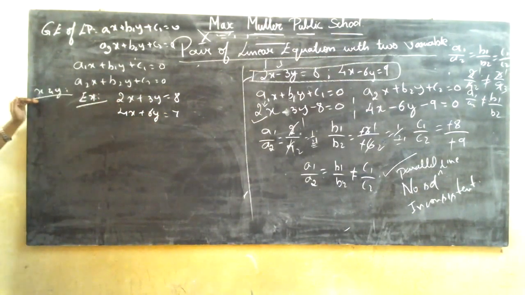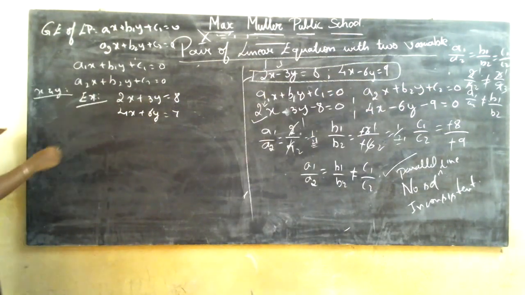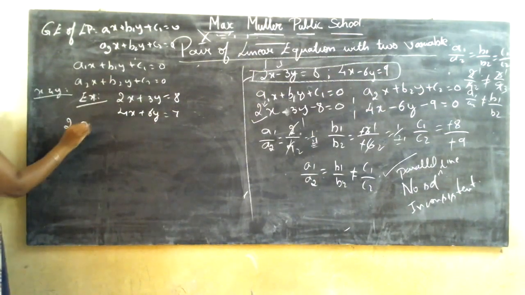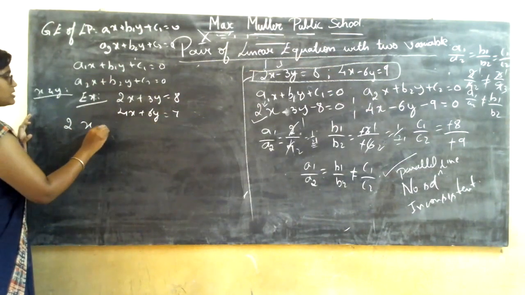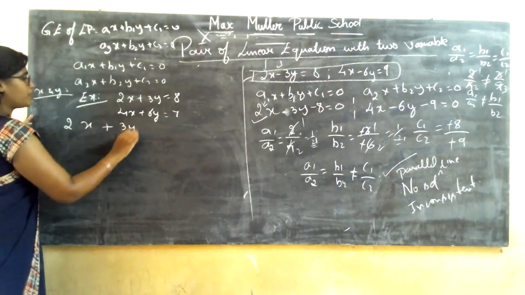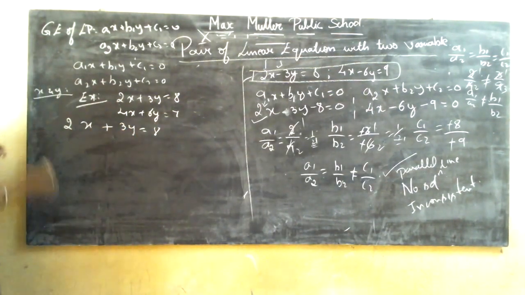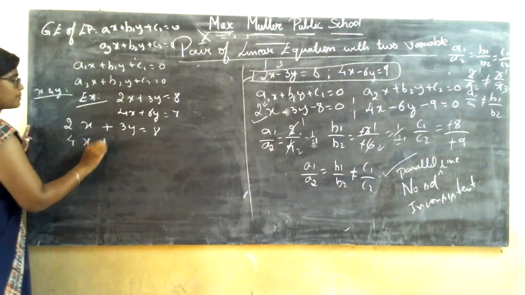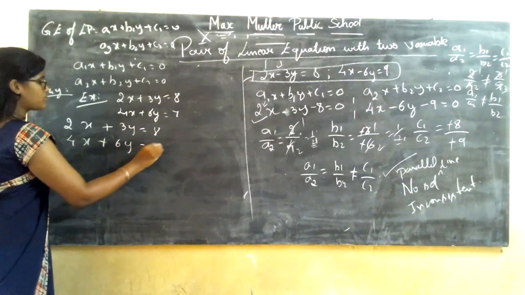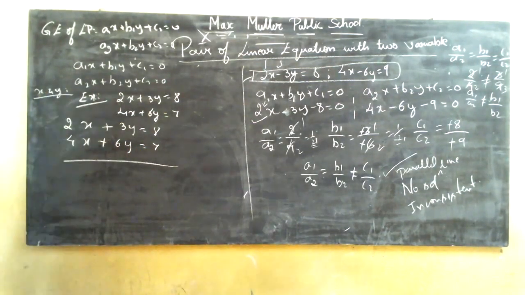Now you are going to follow the elimination method. How are you going to follow it? Let us write the equations they have given. That is 2x plus 3y is equal to 8, then 4x plus 6y is equal to 7. As the name says, you need to eliminate a term.